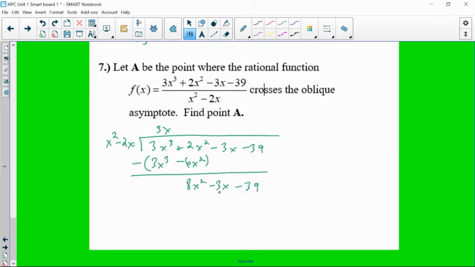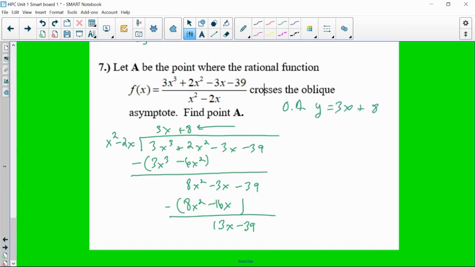And then we do one more time, so plus 8. 8 times x squared is 8x squared, and then minus 16x. And we'll do our subtraction. Negative 3 minus negative 16 is a positive 13x, drop down the 39. Now I can't go any farther, so this right here is my oblique asymptote. Even though it didn't ask for it, it says y equals 3x plus 8.